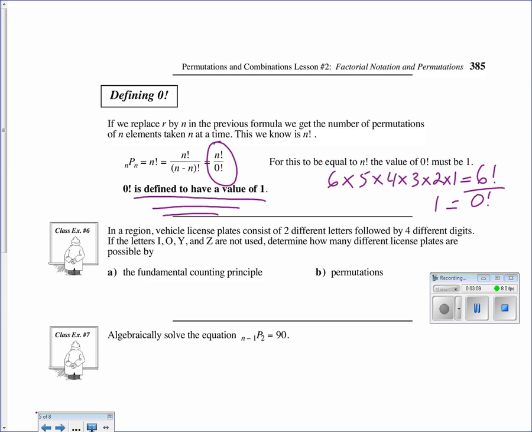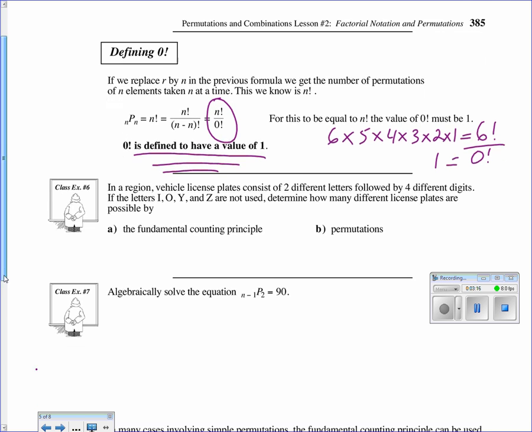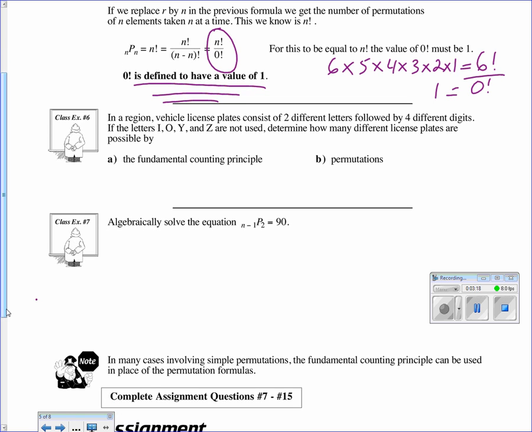So looking at the fundamental counting principle and license plates, we've done questions like this before. I'm going to first use the fundamental counting principle. The letters I, O, and Z are not to be used, which means when I look at my letter selection, I'm down to 22 letters for the first position and 21 letters for the second position, because my 26-letter alphabet got reduced.